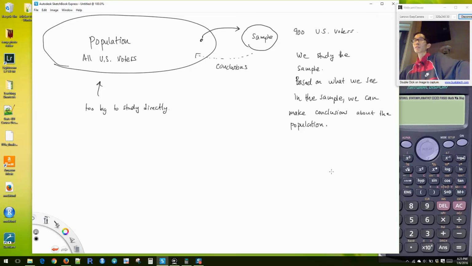So if I select 900 people from UCLA, the answers we get will not be representative of US voters, okay? Because this demographic of young people at UCLA is going to skew much more liberal than the rest of the nation, okay? Now, of course, not everyone at UCLA is liberal.